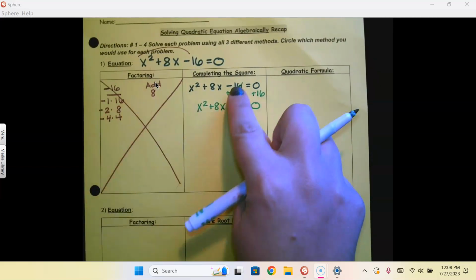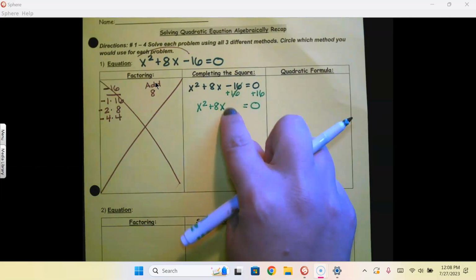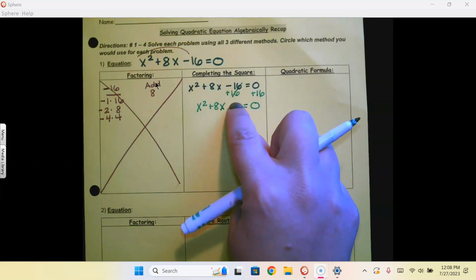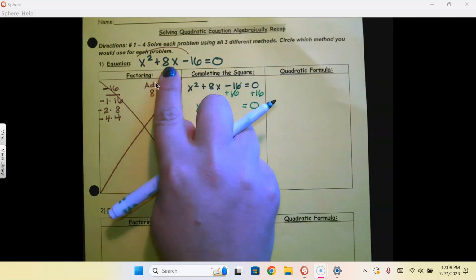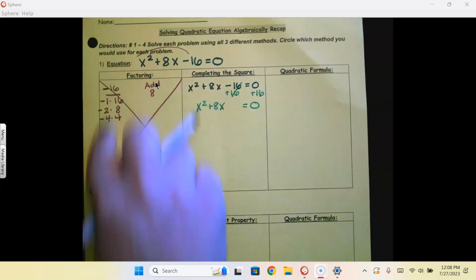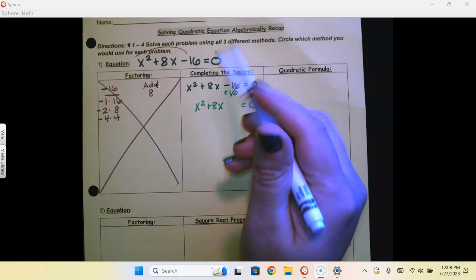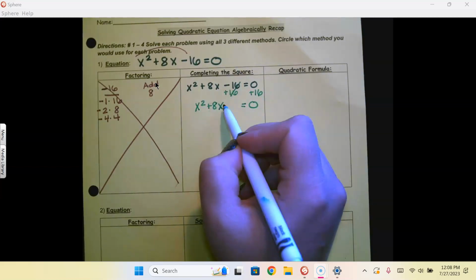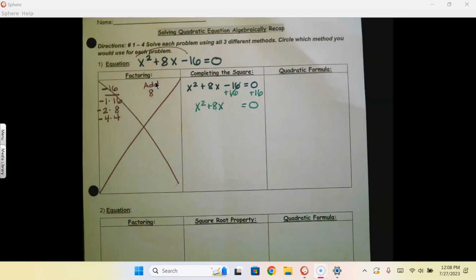So I'm moving this number over because I want to put a new number right here that will make this factorable. Again, this is why we learn completing the square: the original problem was not factorable, but now we're going to put a number here that will make it factorable. Not only is it going to be factorable, but it's going to be a perfect square.